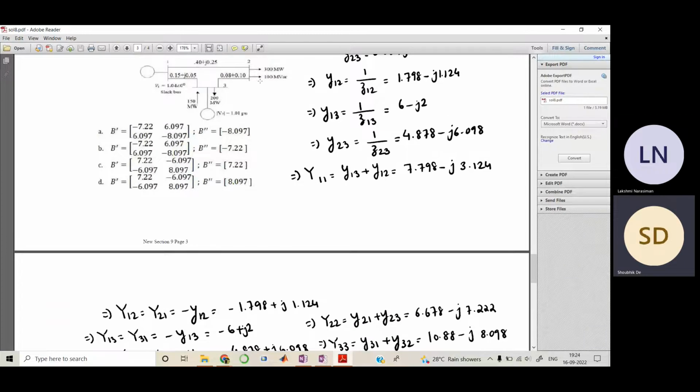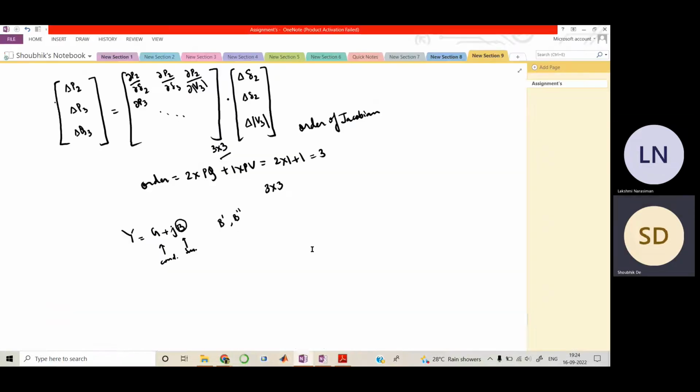In fast decoupled load flow, since in a transmission line we have resistance and reactance, generally the R by X ratio is very low, almost close to zero.